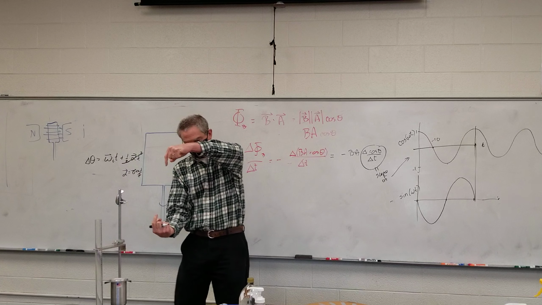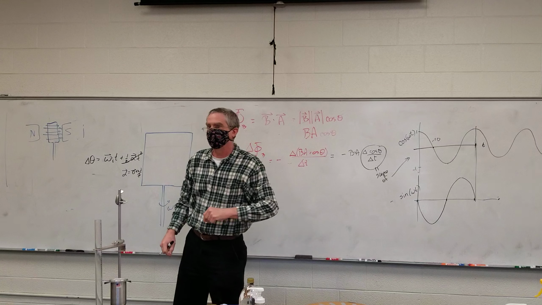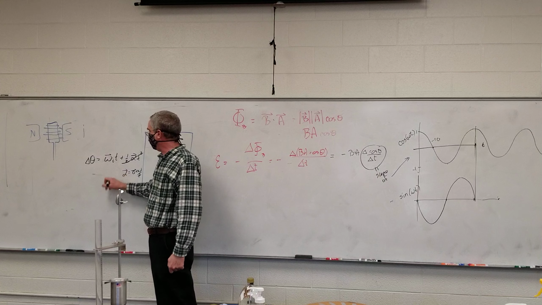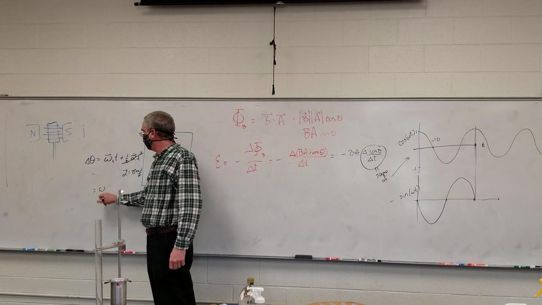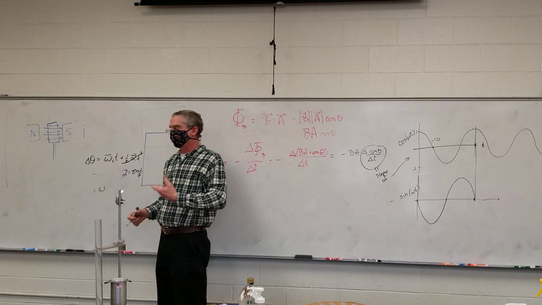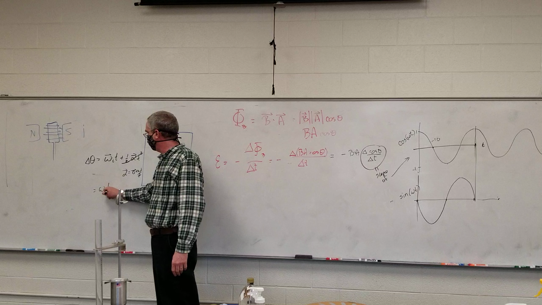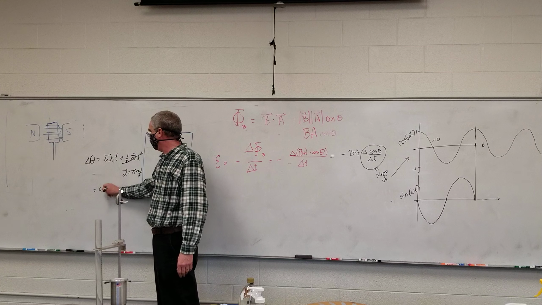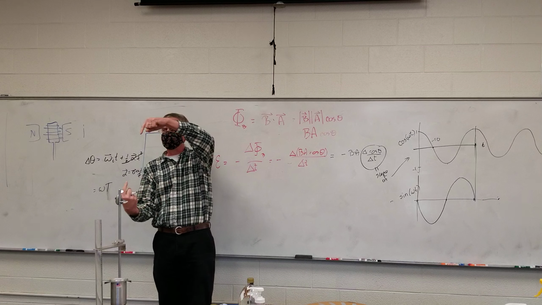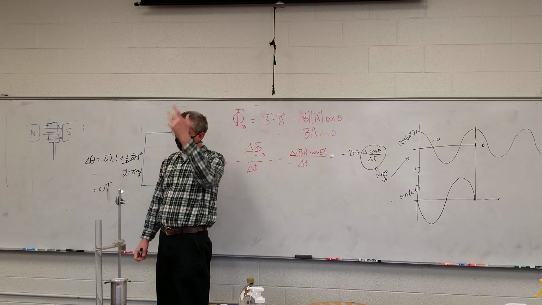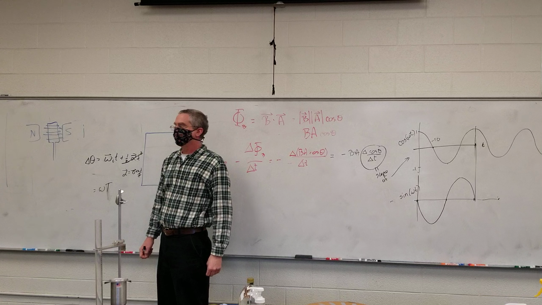So if I'm looking at the time it takes to go around once, in other words, the period, I'll represent the period by a capital T. My initial angular velocity is the same as my final, so I'm just going to write omega, times capital T. What is the angle it goes through? 360 degrees, or in radians, 2 pi.